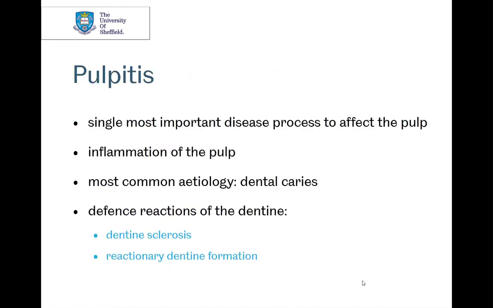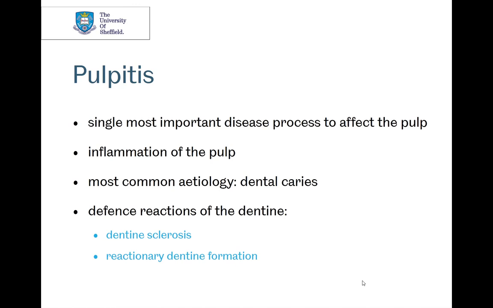So what about pulpitis? Well, pulpitis is the single most important disease to affect the pulp. It is inflammation of the pulp, and its most common etiology is related to an advancing dental caries lesion, which provokes an inflammatory response to the bacteria and some of the mediators that are released in response to the infection.